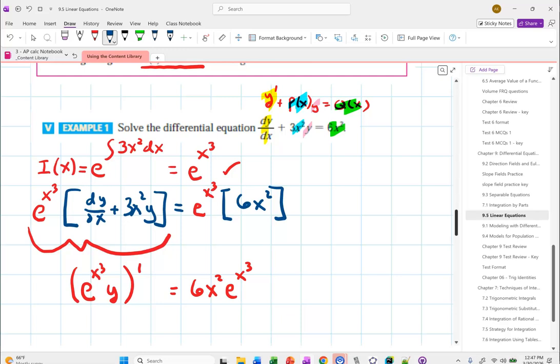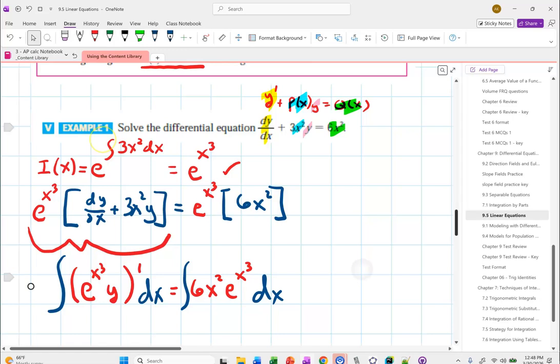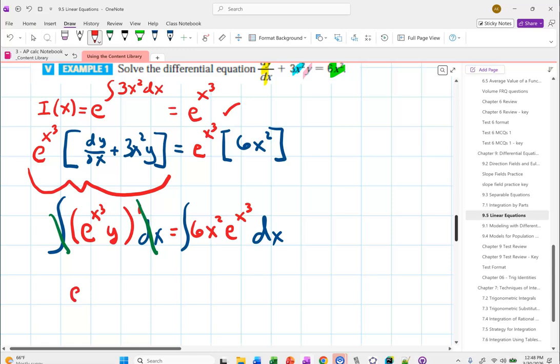Is everybody okay? After I've done that condensing, I can just take the integral of both sides. The integral cancels with the derivative on the left-hand side. It'll always do that.